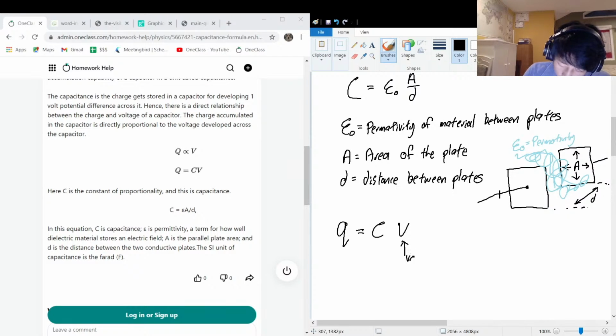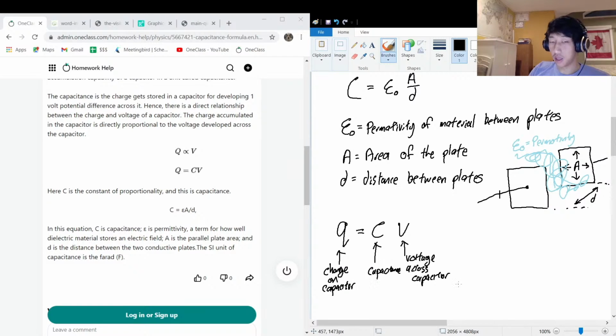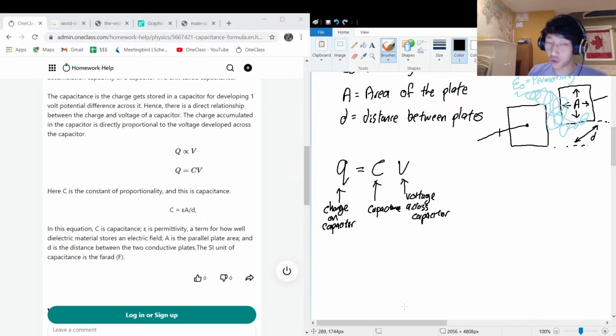V is the voltage across the capacitor, C is the capacitance, and Q is the charge on the capacitor. This is another equation that involves capacitance, and it gives you more insight on the inner workings of the circuit with the capacitor inside.